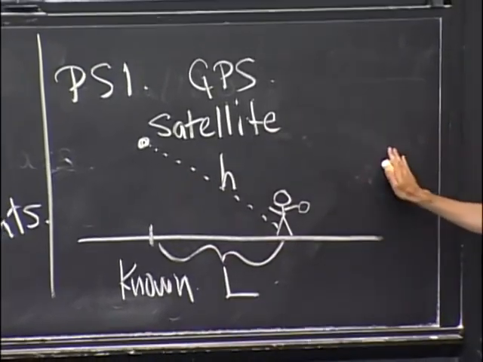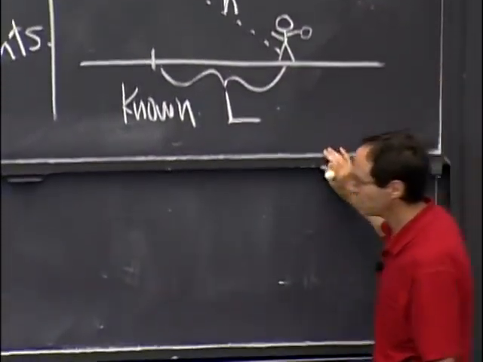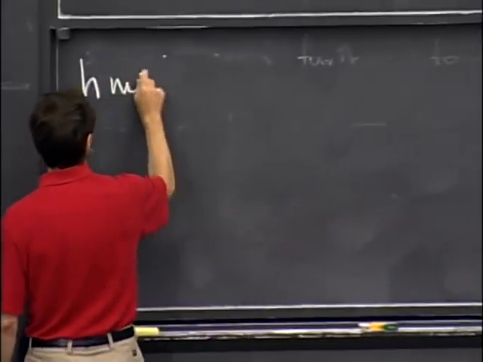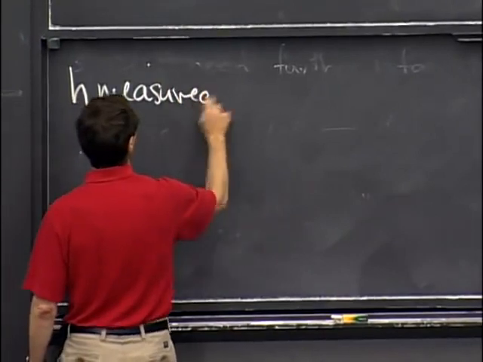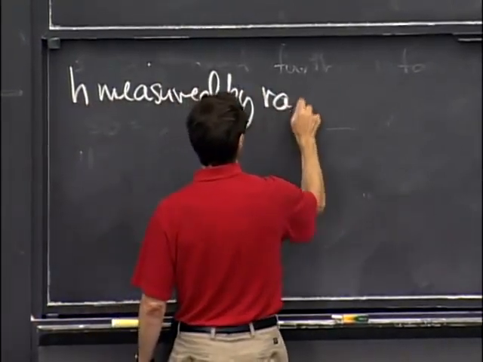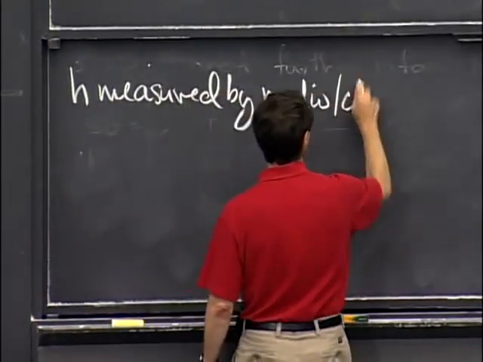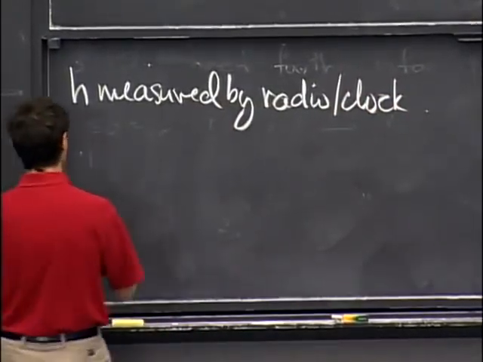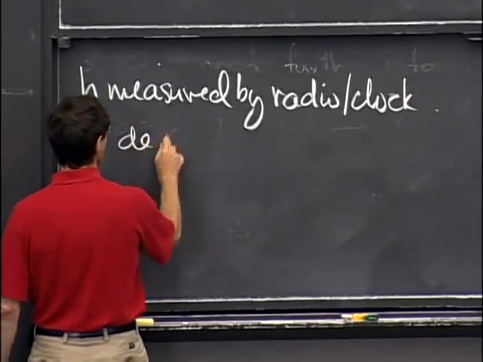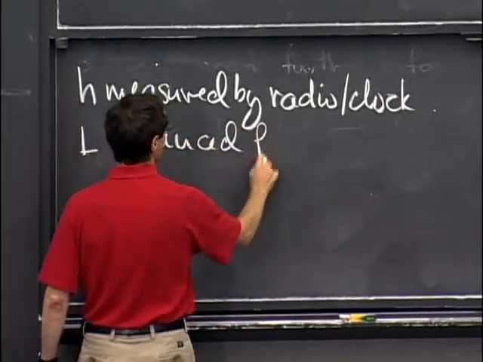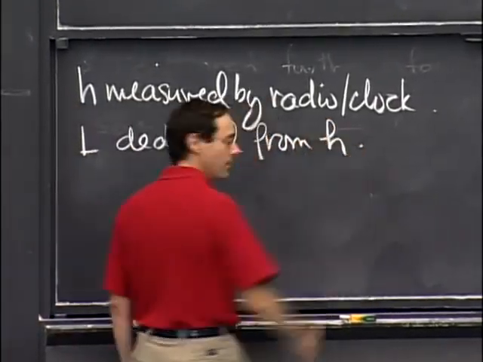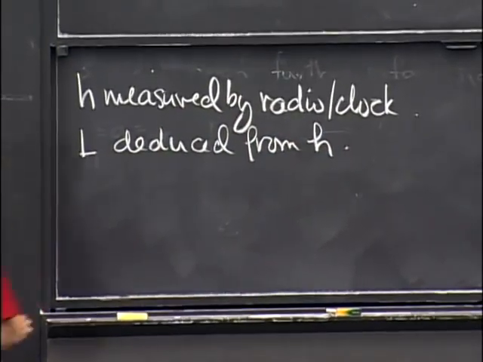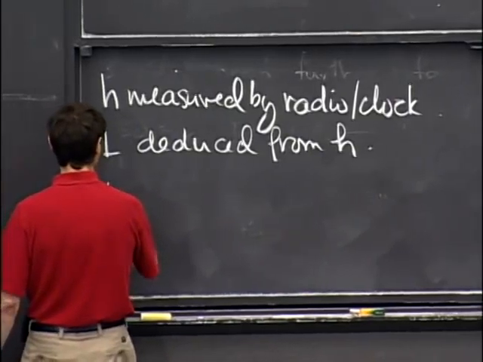So in other words, what's measured, so h measured by radio waves and a clock, or various clocks. And then L is deduced from H. And what's critical in all of these systems is that you don't know H exactly.